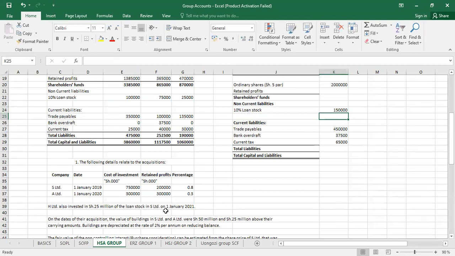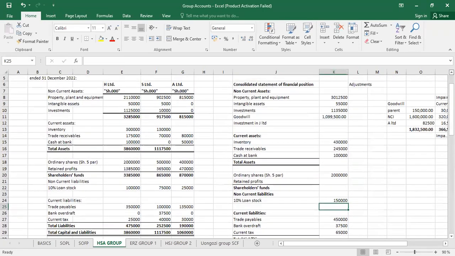Remember the date is 1st January 2021 and we're presenting in 2022, isn't it? Then on the date of acquisition, this value we took as a revaluation in the statement. So this one is called revaluation gain. Maybe I'll write the adjustment here.